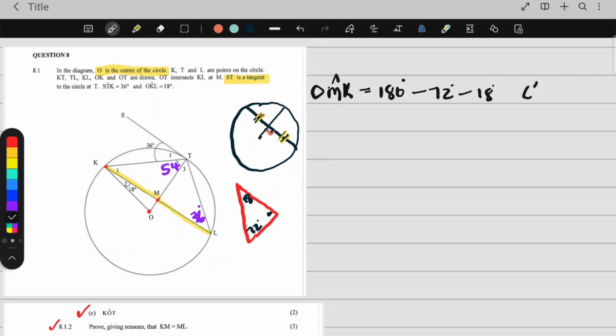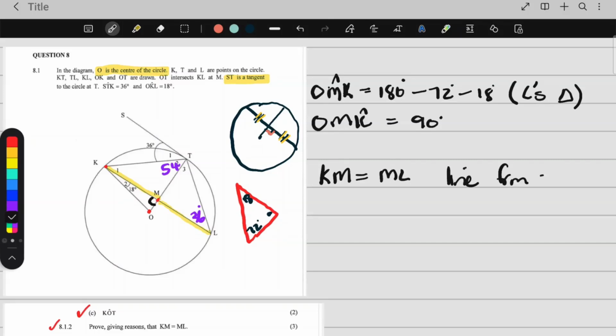My reason is angles in a triangle. So angle OMK is actually 90, and there we proved it. So this angle is 90. And if it's 90, the line KM is definitely equal to the line ML. Why? Because line from center is perpendicular to chord.